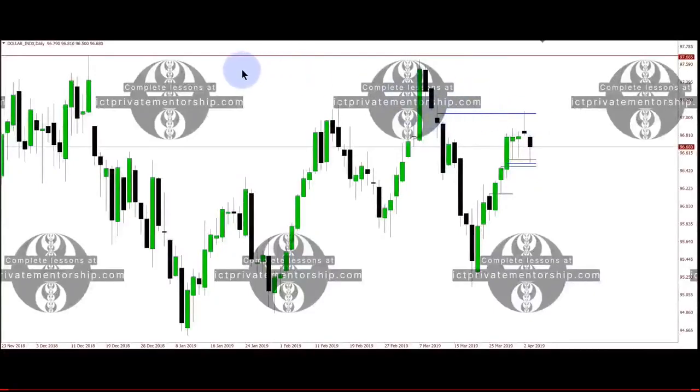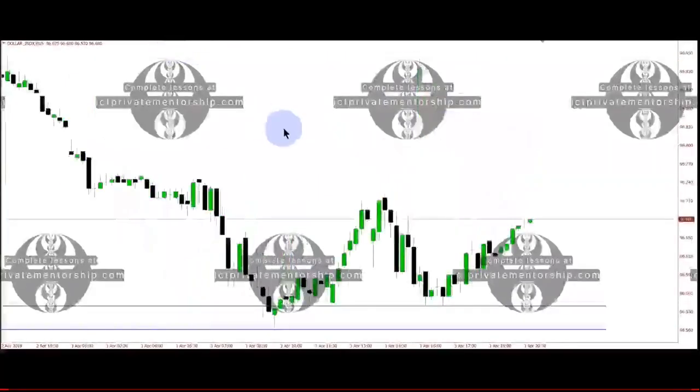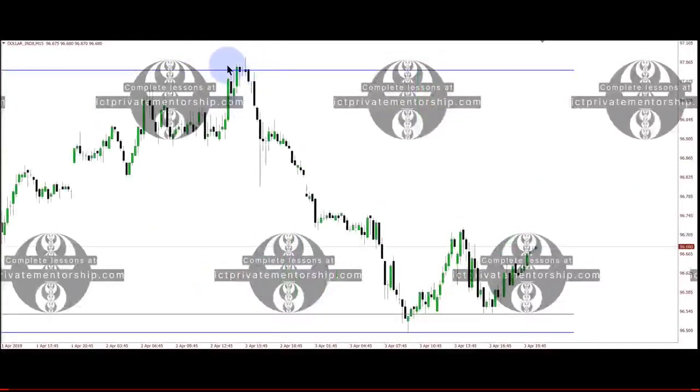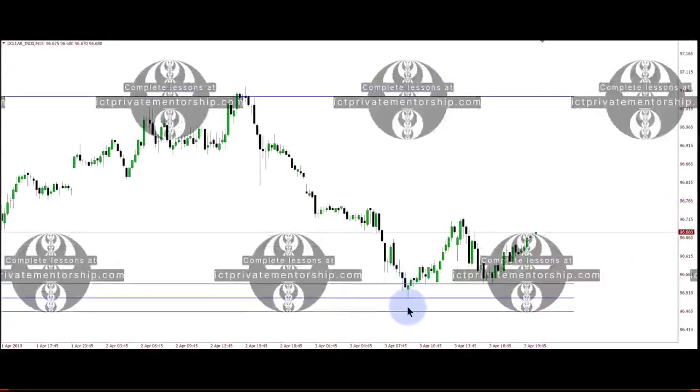Now if we drop down into a 15-minute time frame and scrunch this up, there are those two bands of institutional order flow. So here's that volume imbalance, the mean of that range or consequent encroachment, and here's the mean of the fair value gap.